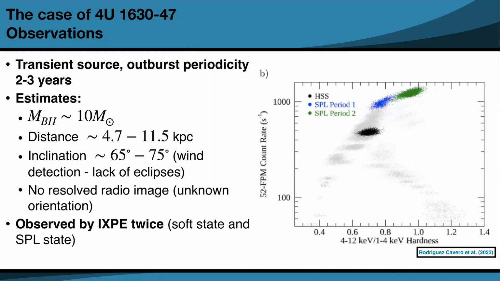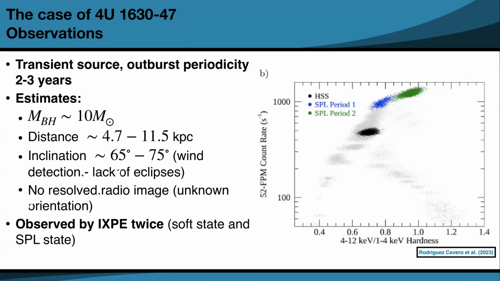But at the same time, this source was never observed to eclipse because of the companion star passing in front of the X-ray emitting source. And thus we have this range of possible inclinations that are most likely for this object. So this source was observed twice by IXPE.